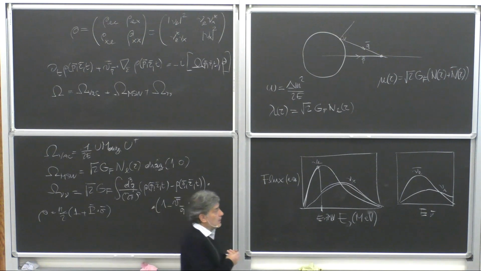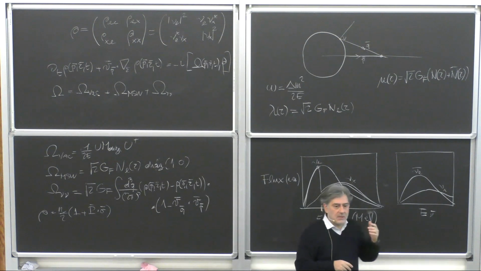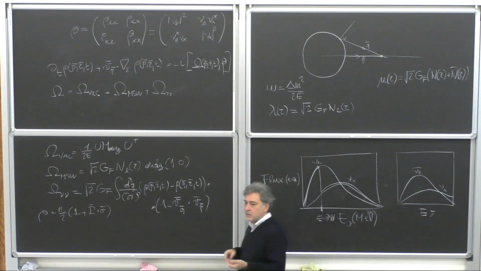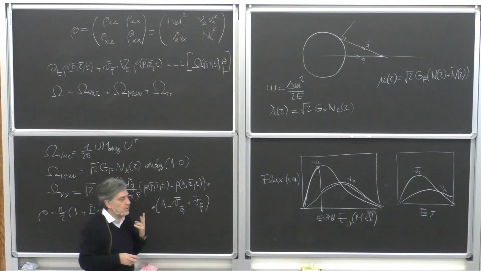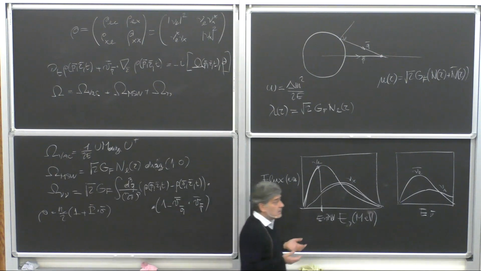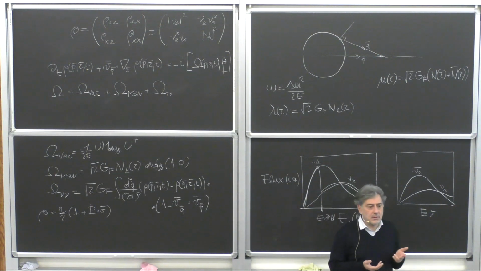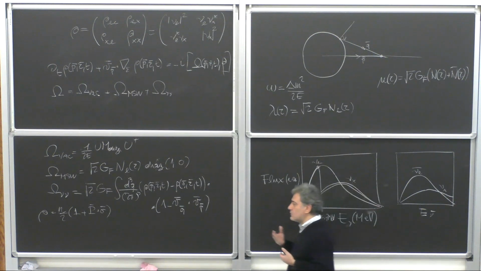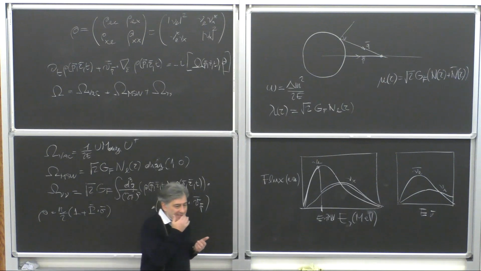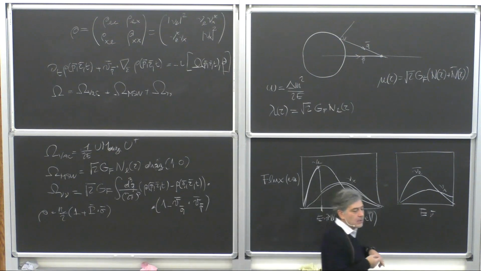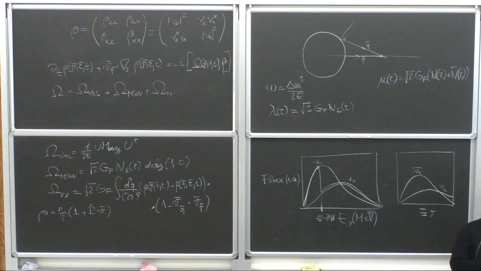Then, instead of considering two neutrinos, so two generations, you can consider three generations. And as you consider three generations, you see that something similar can happen also for normal ordering.